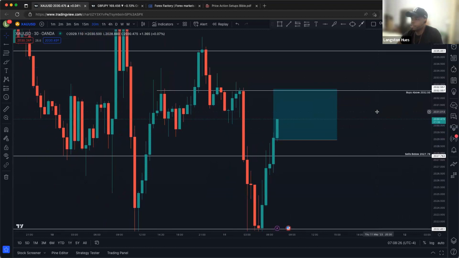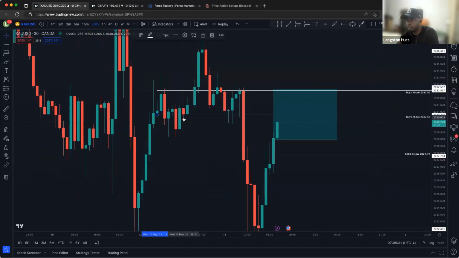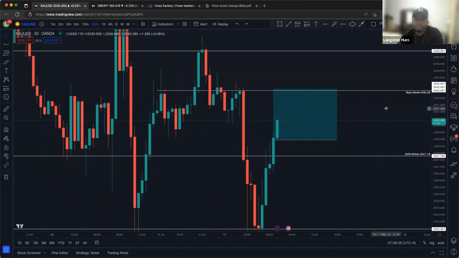Now it might just drive. Let's see. There's a key level right here that I mentioned earlier, I believe. Any questions about this gold setup that we called out earlier?